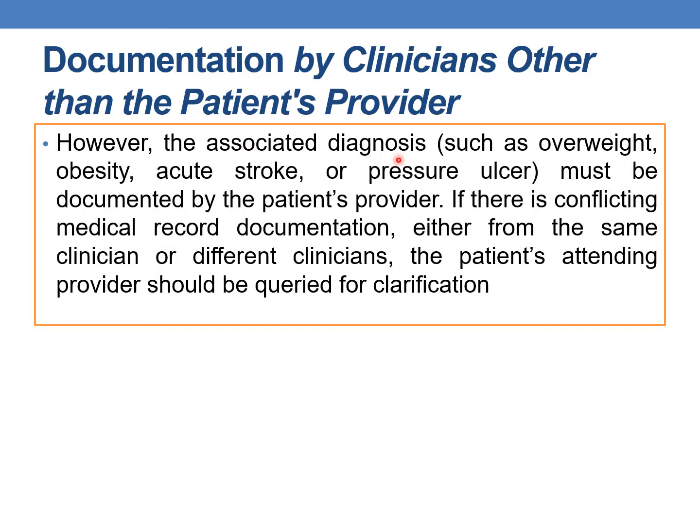However, the associated diagnosis such as overweight, obesity, acute stroke or pressure ulcer must be documented by the patient's provider. If there is conflicting medical record documentation, either from the same clinician or different clinicians, the patient's attending provider should be queried for clarification.